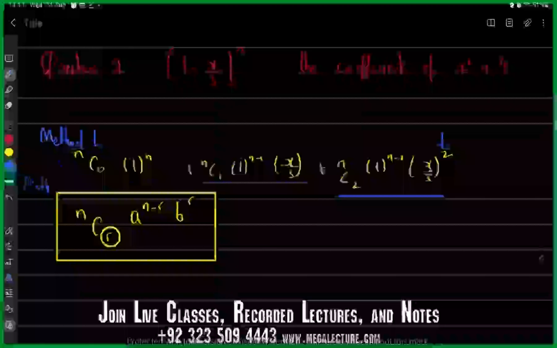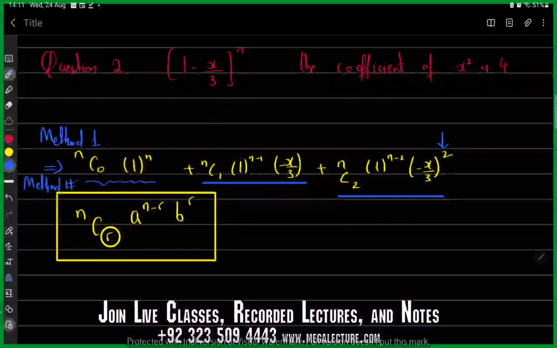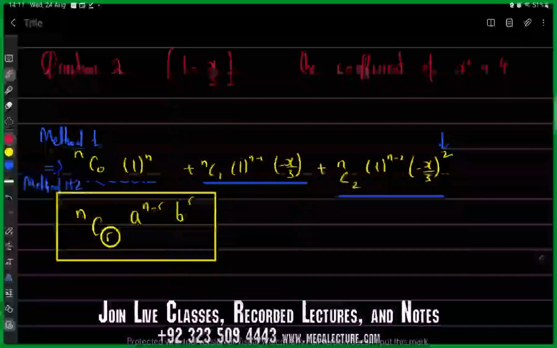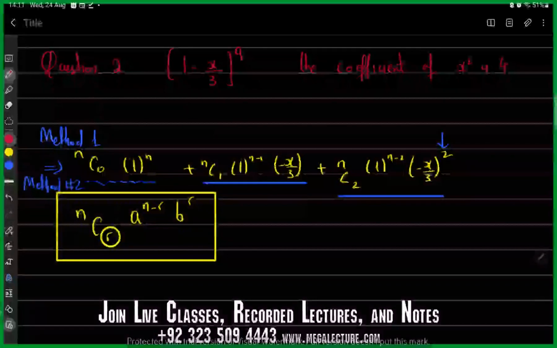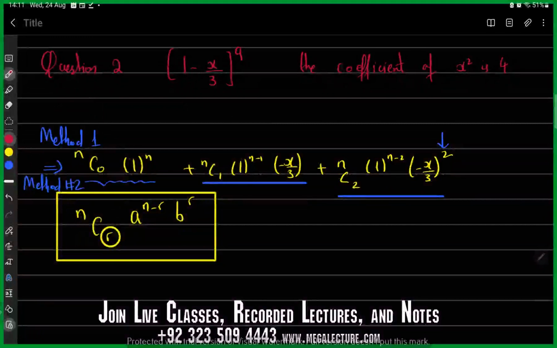Let's talk about method 2 as well, how exactly method 2 would work. And the power of this is, let's say, given. Let me just write it down. It's 9, okay? Imagine this as your power. Now, how is it going to work? It's 9Cr.